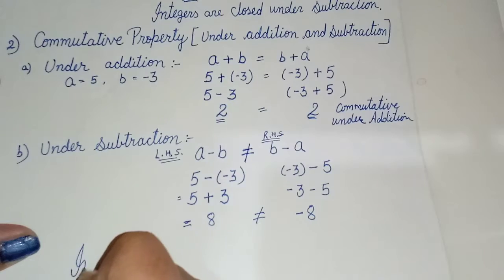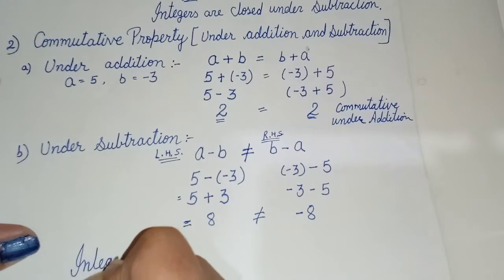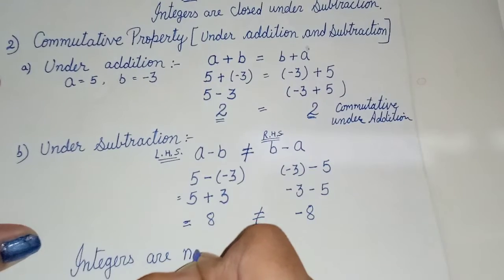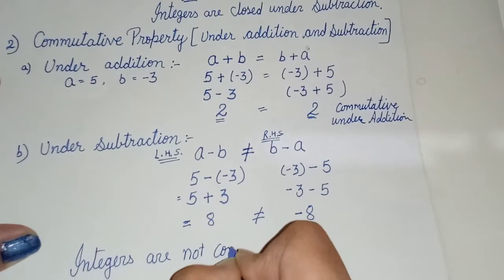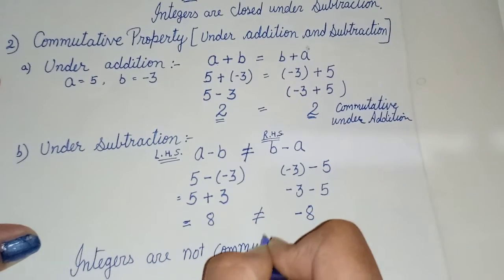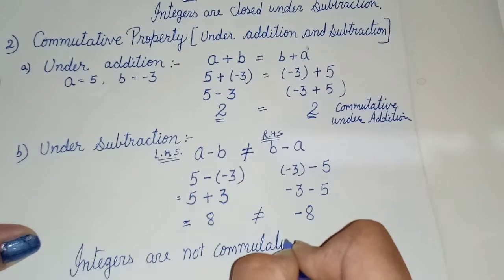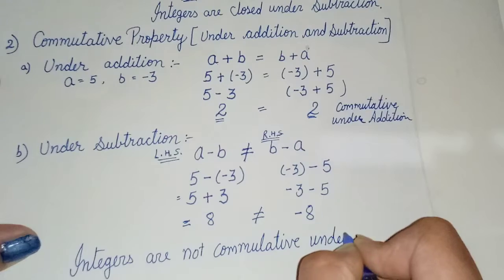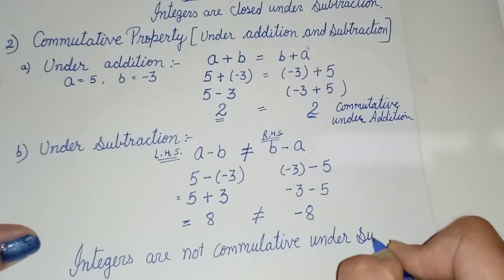So integers are not commutative under subtraction.